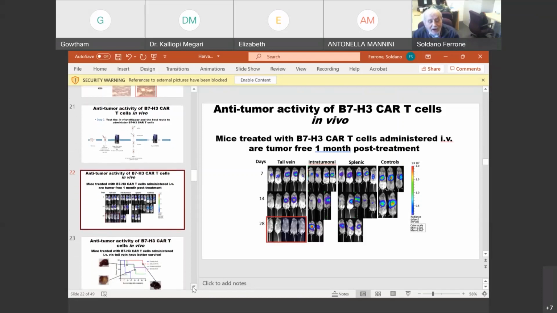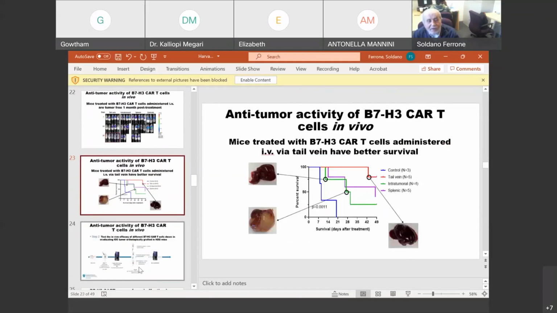This regression of the tumor is also paralleled by the survival of mice. The mice which had been injected intravenously survived longer than the mice which had been injected through the other routes. And this mouse was lost for technical reasons.